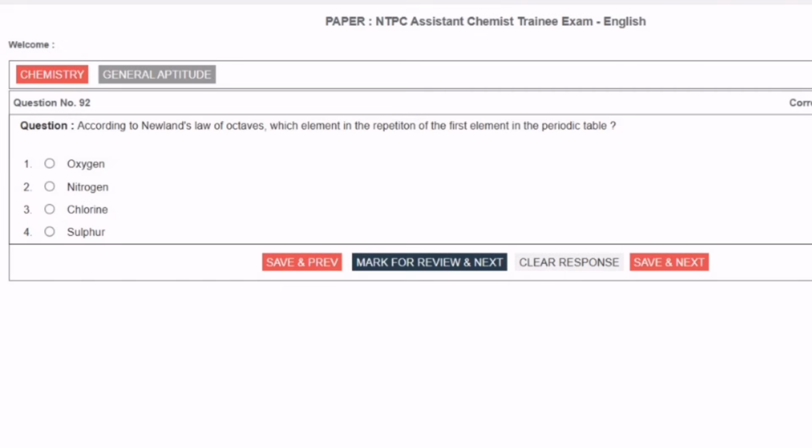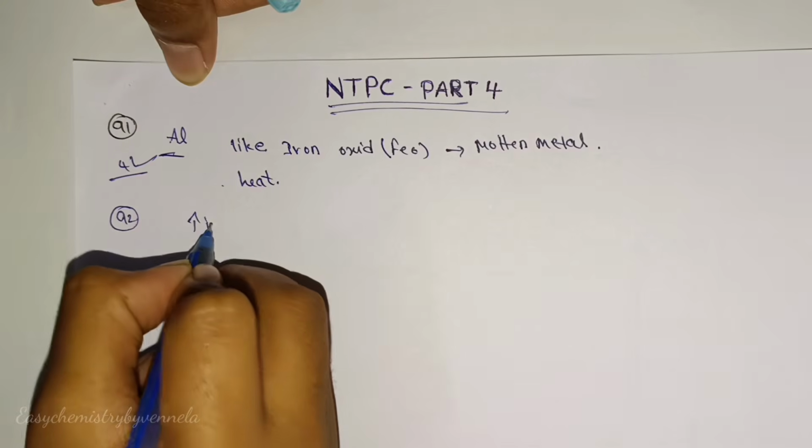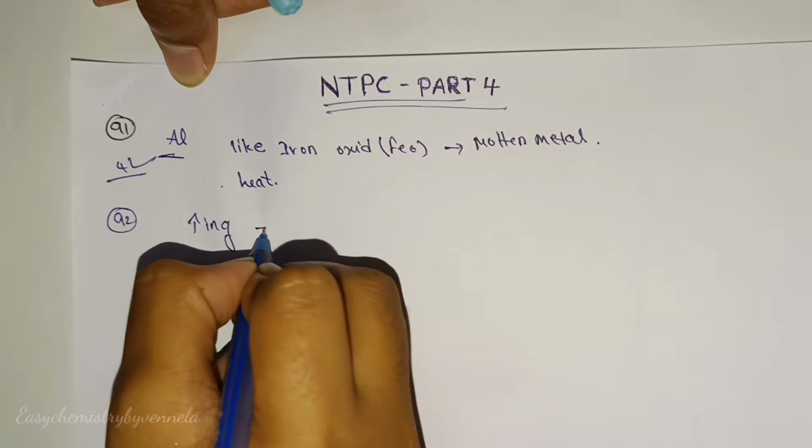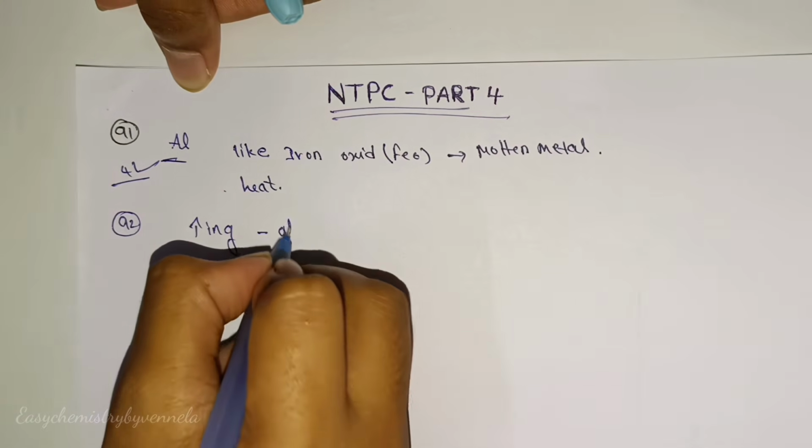Next question. According to Newland's law of octaves, which element is the repetition of the first element in the periodic table? Oxygen, nitrogen, chlorine, sulfur. In Newland's law of octaves, elements are arranged in increasing order of their atomic mass.